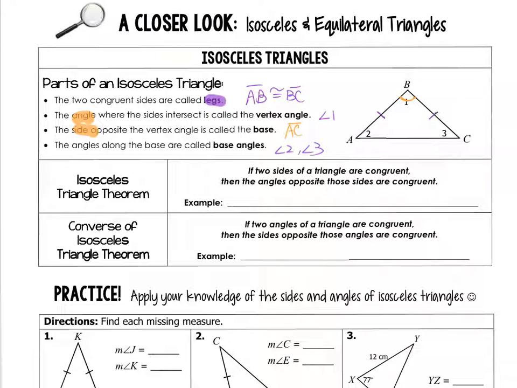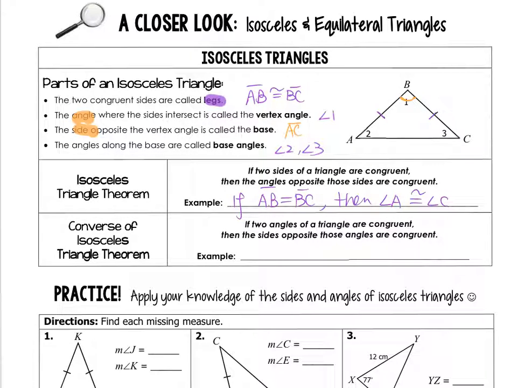Next, we're pretty familiar with the isosceles triangle theorem, which states if two sides of a triangle are congruent, then the angles opposite those sides are congruent. In our example on top, if AB and BC are congruent, then angle A and angle C must be congruent.